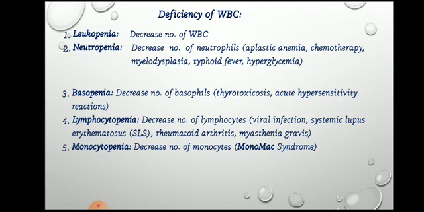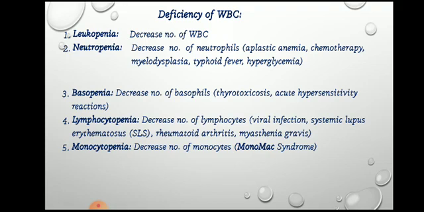Then the problems, called deficiencies of WBCs, which are different diseases. First is leukopenia, which is a decreased number of WBCs in the blood. Then neutropenia, a decreased number of neutrophils.